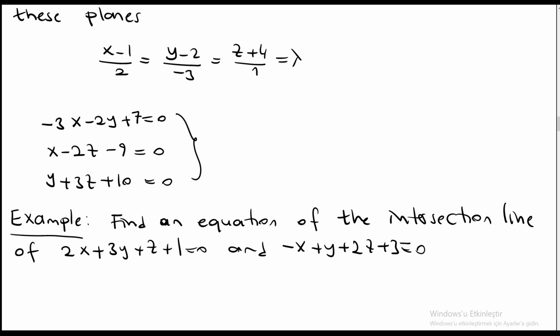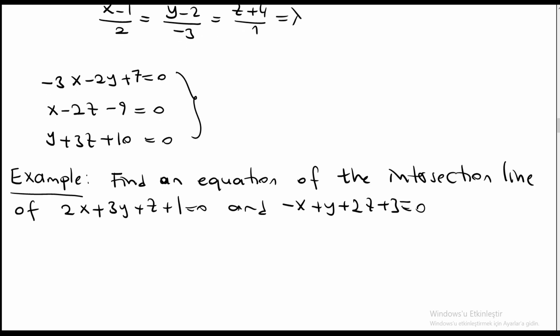Remember, we gave 3 methods to find this intersection line. I will use the third one here. First I need a point. So first let's say x is 0, then you have this equation and y plus 2 times z negative 3.